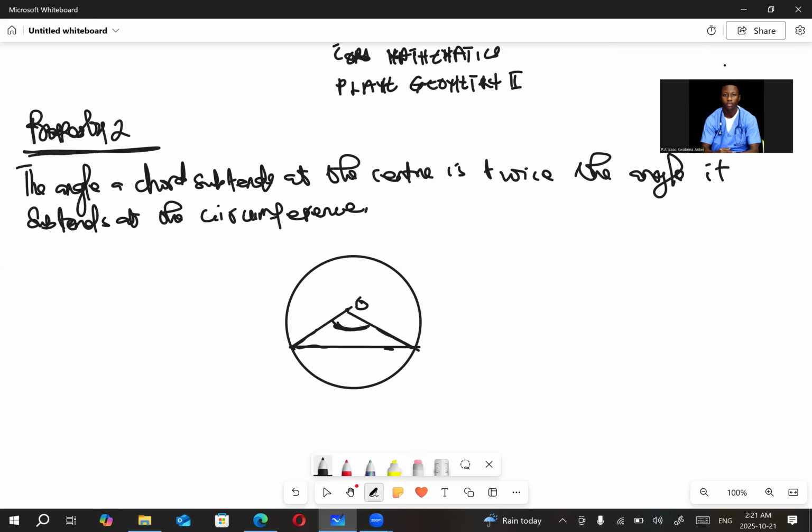Now that same chord can be made to raise an angle at the circumference, with a line coming from one end of the chord and another line from the other end, to join. So this chord has raised an angle on the circumference.